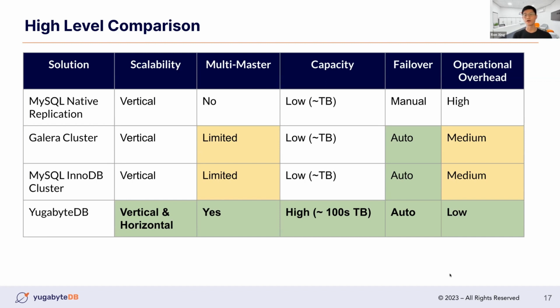But at some point, the performance will still saturate no matter how much CPU and memory you pump in, right? So for YugabyteDB, we support both vertical and horizontal scaling.